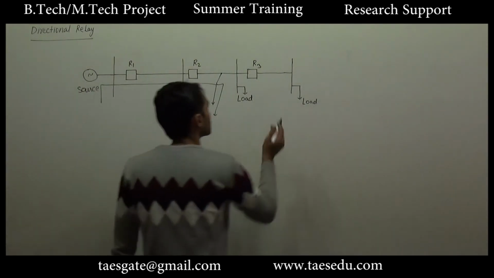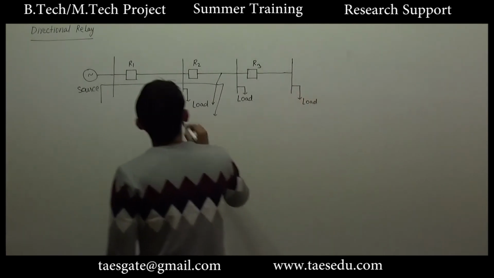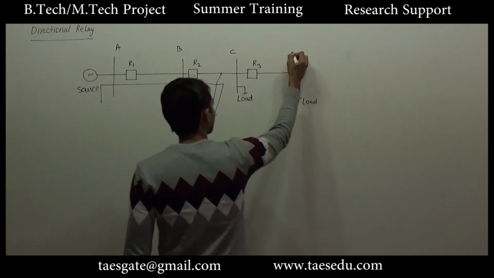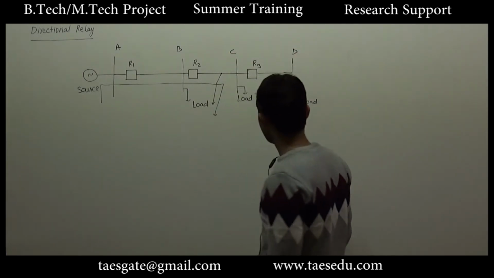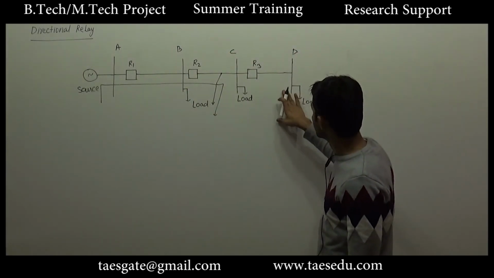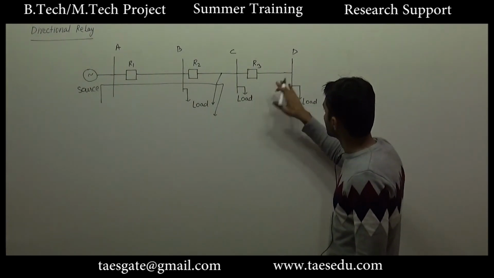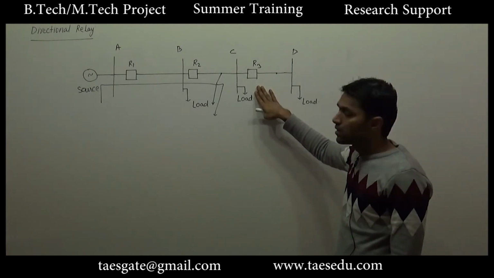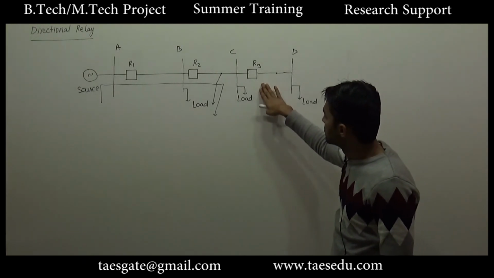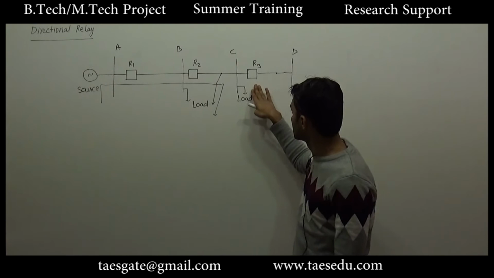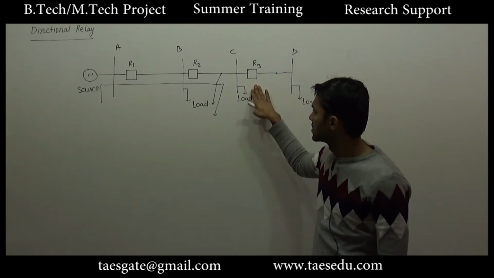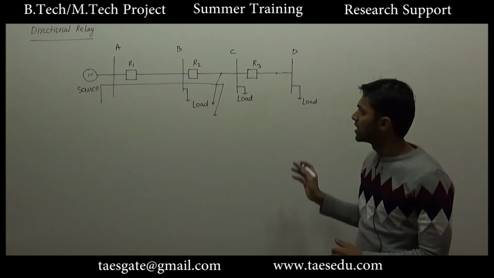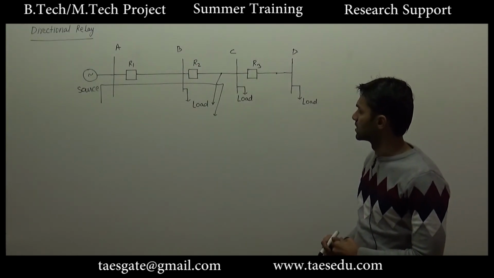Similarly, let's say this is bus A, B, C, D. If there is a fault in the feeder between bus C and D, for this kind of fault R3 will provide primary protection which will be fast, and if R3 fails to provide the protection, R2 will provide remote backup protection. So this much we have studied in overcurrent relay.